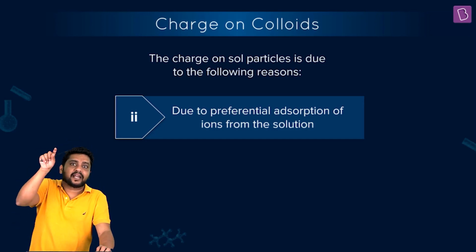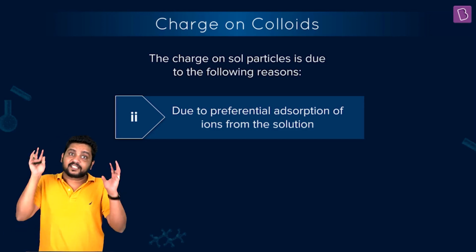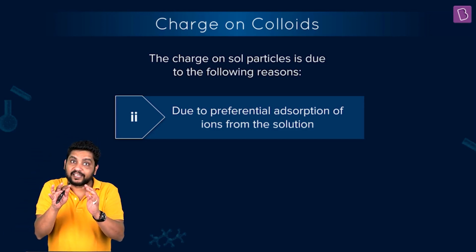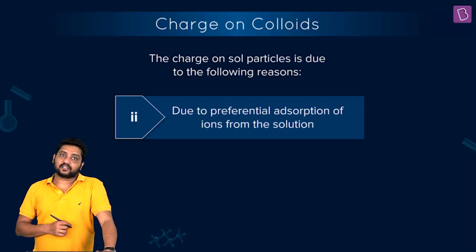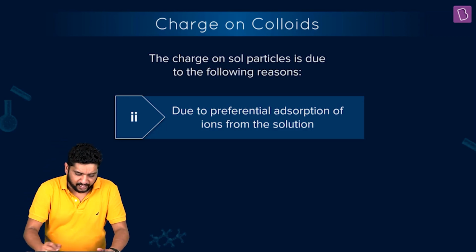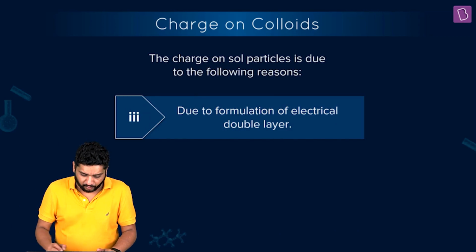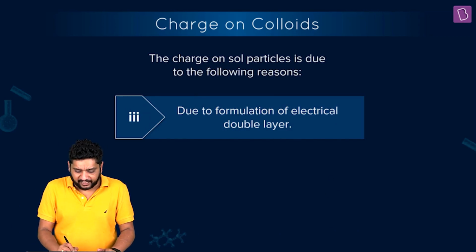It is a KI solution and you are adding AgNO3, so there are a lot of I minus. They will get adsorbed on the surface of AgI aggregates, and you will get your negatively charged colloid also, right? So preferential adsorption of ions is something that creates charged particles due to the formation of the electrical double layer.